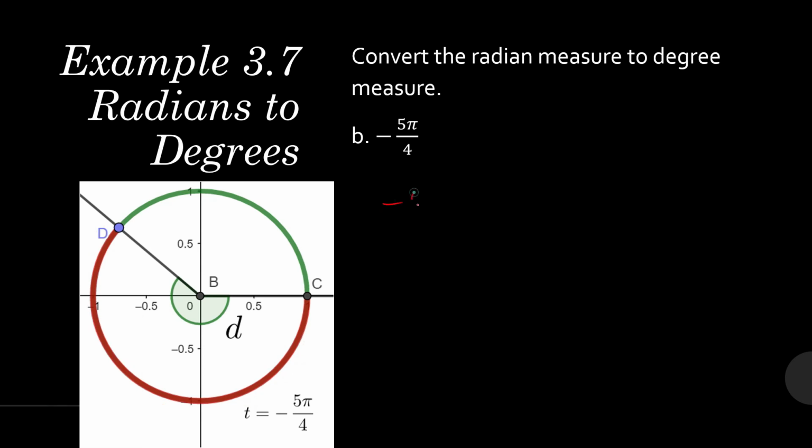Again, we set up our equation. The ratio of negative 5 pi over 4 to pi, the straight angle, is equal to the ratio of D to 180 degrees. We don't know D. D is the degree measure of our angle. Let us solve for D. So this one is equal to 5 pi over 4 pi.